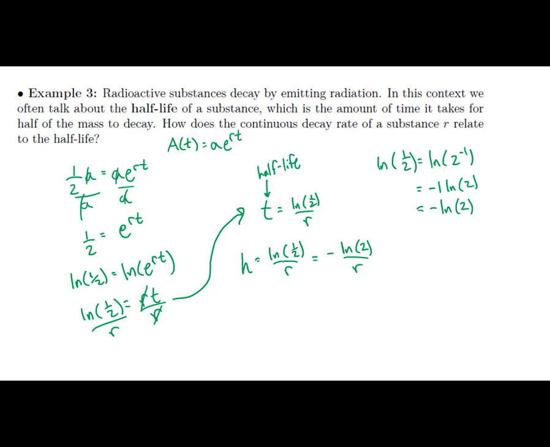So it's just saying that natural log of 1/2 and negative natural log of 2 are the same thing. So you'll see it written both ways. So just be comfortable with both. And then similarly, we can say that our continuous growth rate is the natural log of a half over the half-life, or if we prefer, the negative natural log of 2 over the half-life.